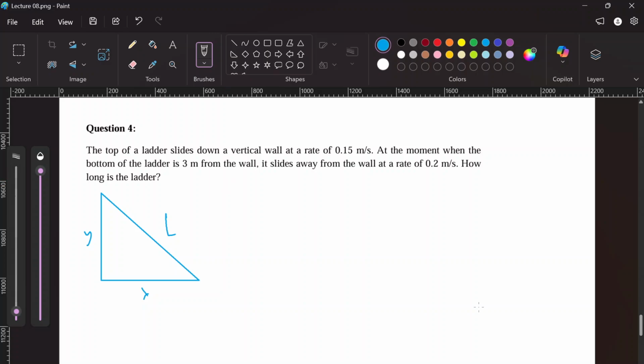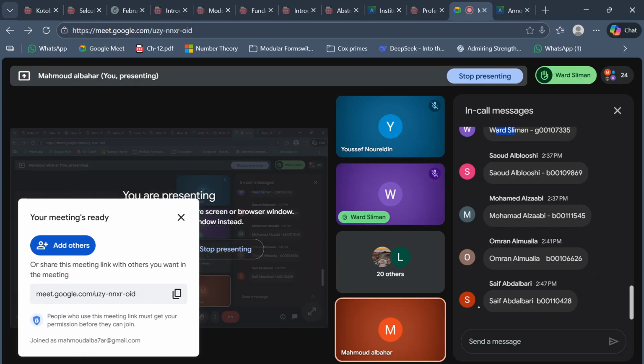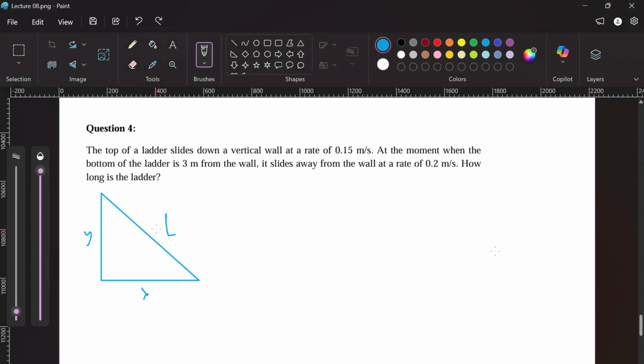So what is given here? We have the top of a ladder sliding down. Sliding down means it will be this y, right? y is the height, the distance, the value here. So we have dx over dt equals 0.2 meters per second.